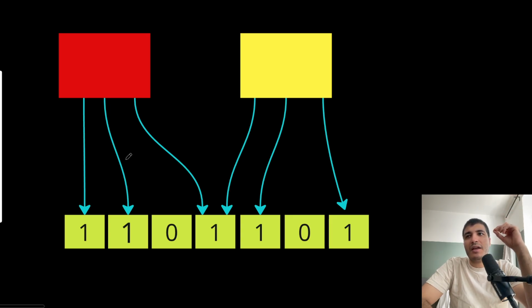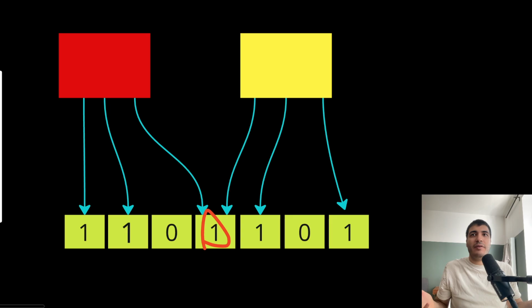Set the bits at these positions to one. As you can see here, the functions are sending all the indexes, and each one we set to one. That's it. The item is now marked in the Bloom filter via these multiple bits.